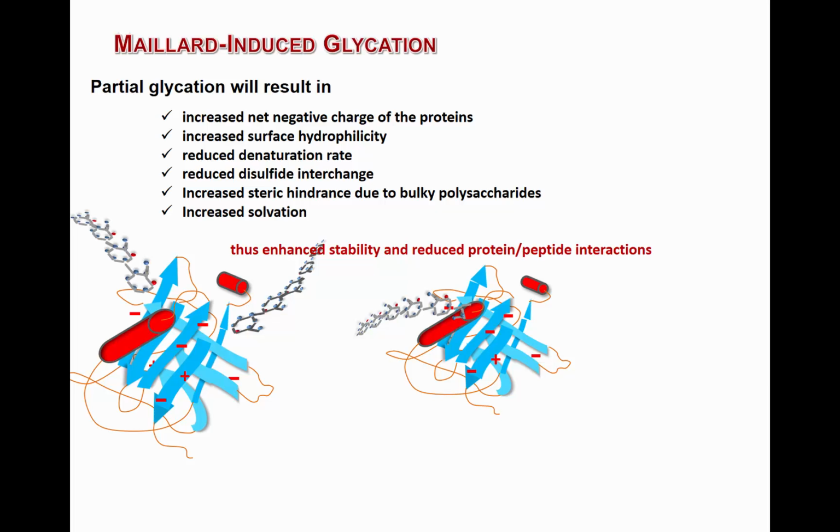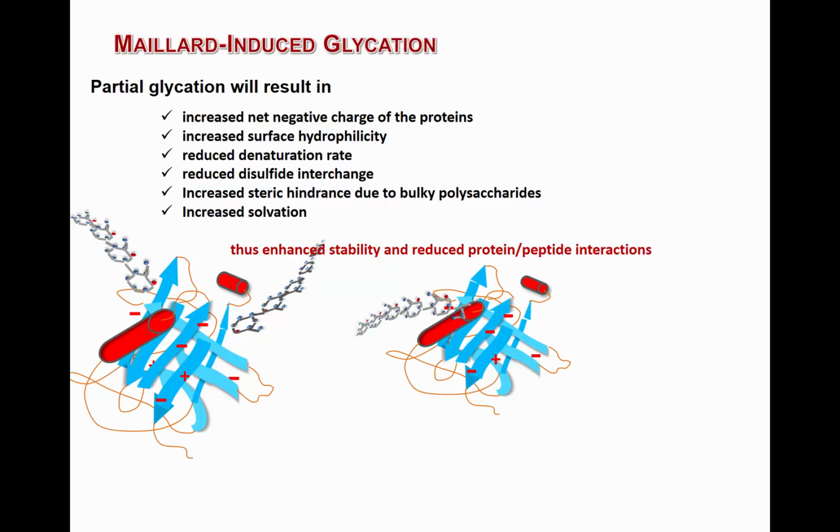So the physicochemical changes that occur with glycation, based on the research we've done, we found that the negative charge increased. Why is that? Because glycation occurs at an amine group. So you are potentially blocking a positive charge. By doing so, you are increasing the net negative charge on the surface.